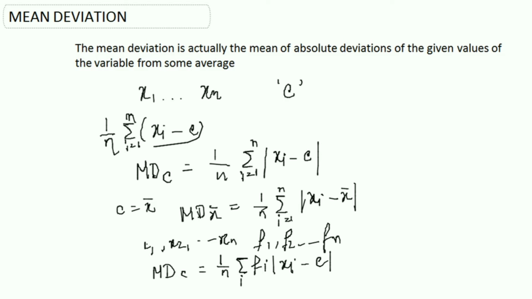Now we shall see an example on this topic. Suppose we have to compute the mean deviation about median of a variable assuming the values 3, 5, 9 and 1. First we have to find the median of this set of values. To find the median, we just have to rearrange the values in ascending or descending order, and we are arranging them in ascending order.